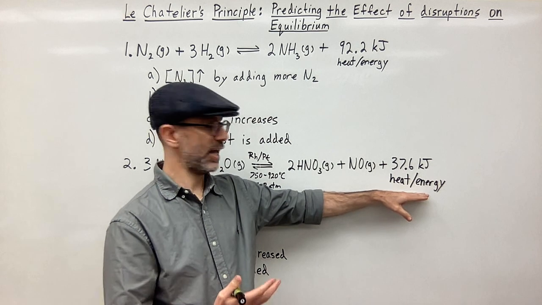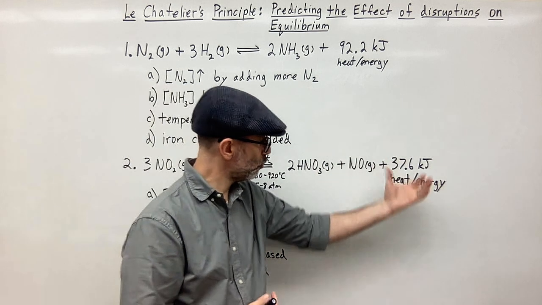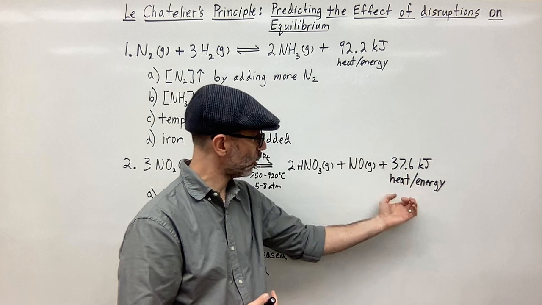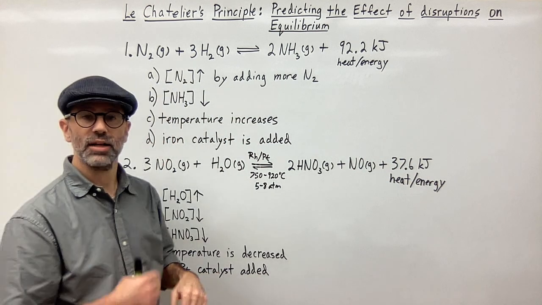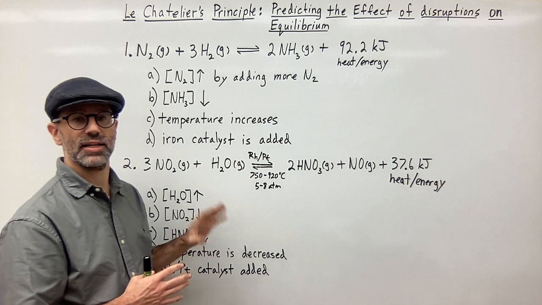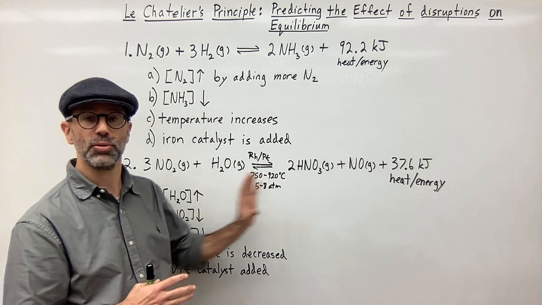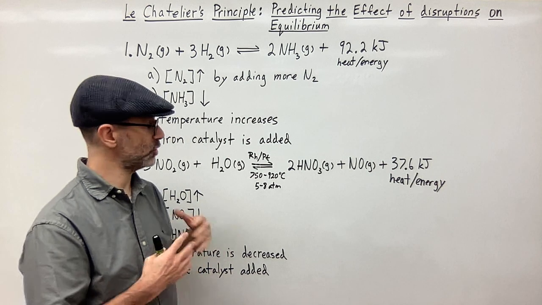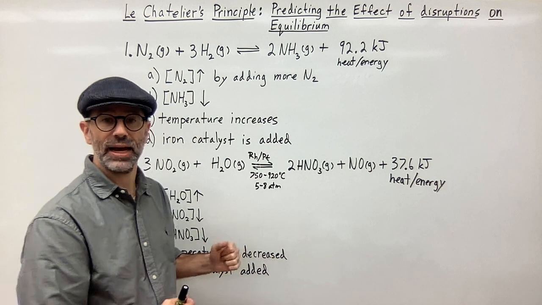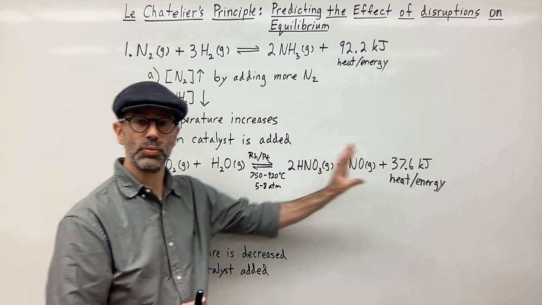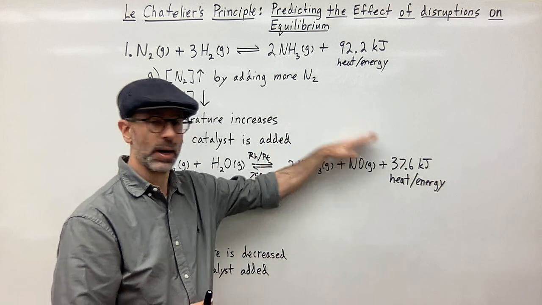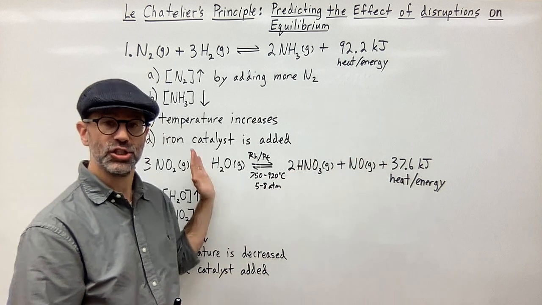So from Le Chatelier's principle, we're removing this product, we're decreasing it. That means that Le Chatelier's principle says that the reaction wants to reestablish or create more of that energy, replace the energy that was lost. So it's going to shift towards product, and therefore we would expect more products to be made.